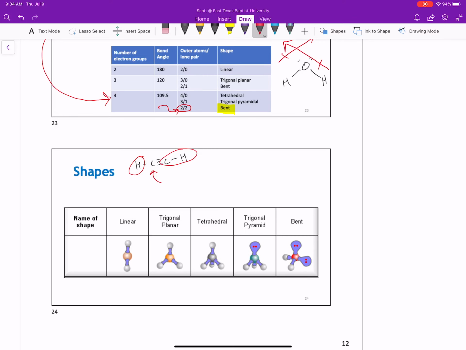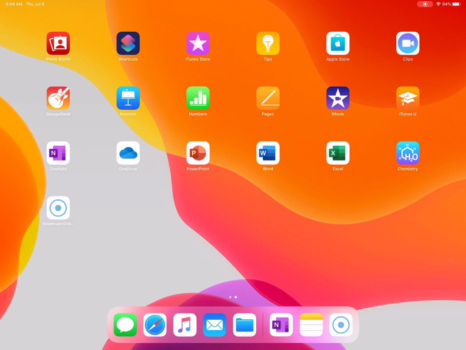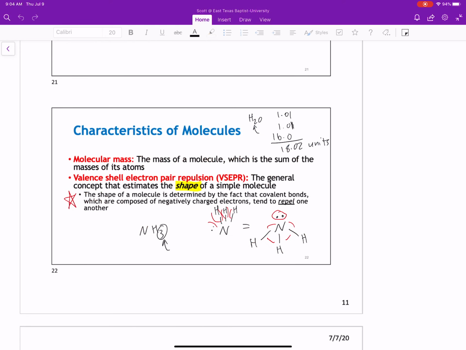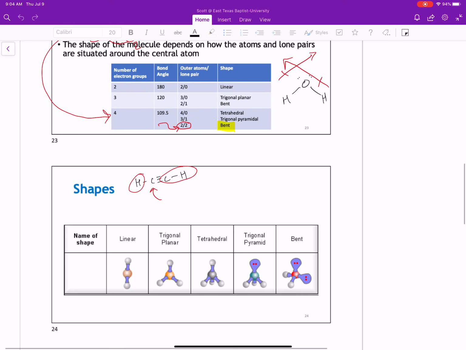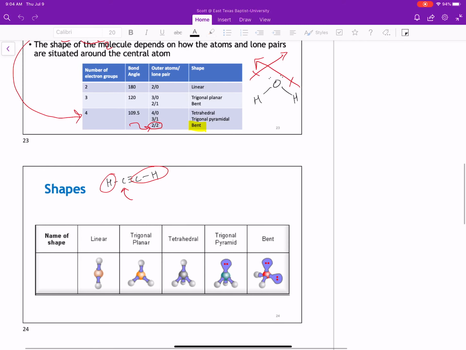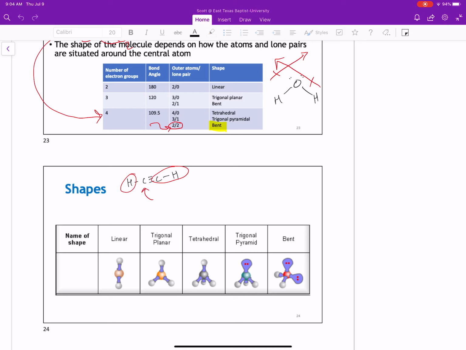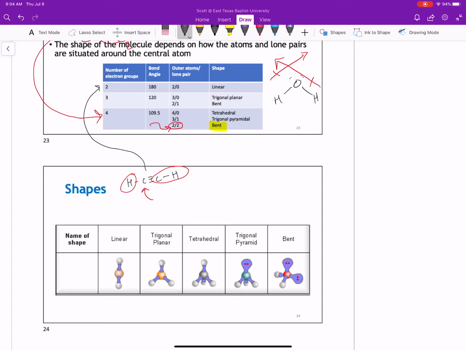If you look at this table from the previous slide, you'll notice it has two groupings, which puts me right there. And it has two outer atoms and no lone pairs, so this is called linear.